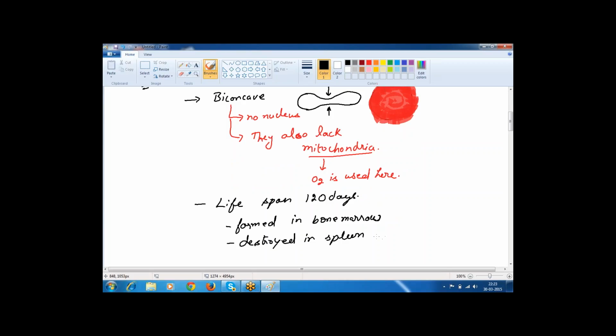Sometimes they ask you which of these is called graveyard of RBCs. Remember, spleen is called graveyard of the blood cells or RBCs.